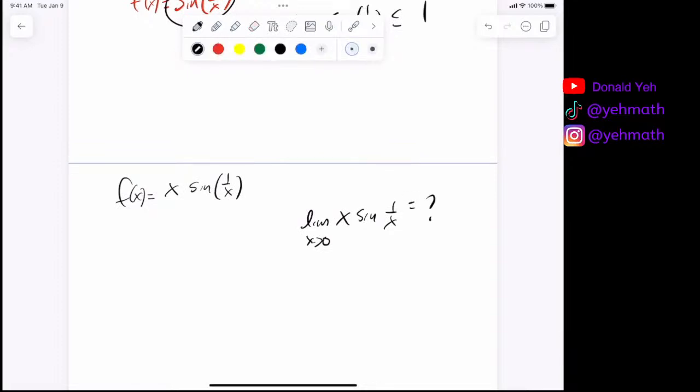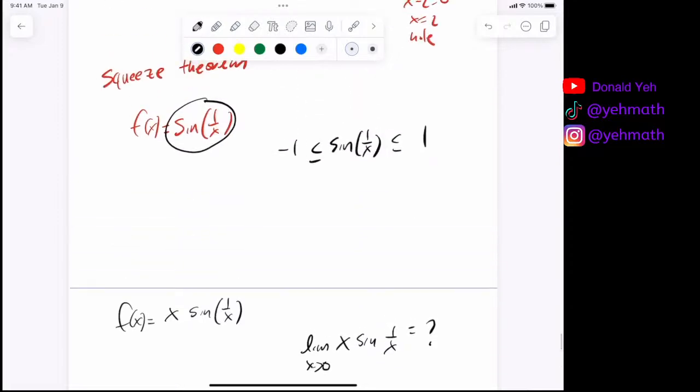When I put the question mark, I start thinking: what is this function closer to? We know it is close to this one, but how far away? What's the difference between the first function and the second function? Just an x in the front.